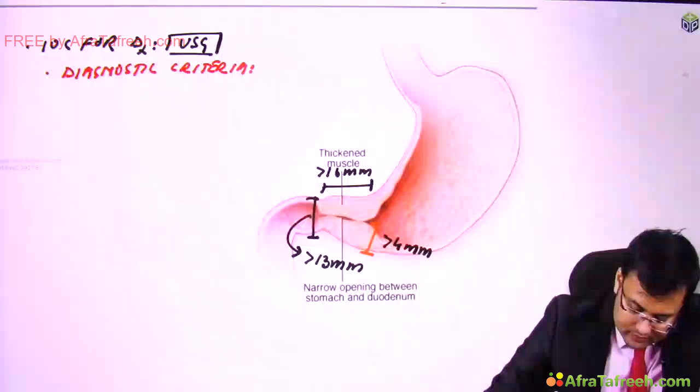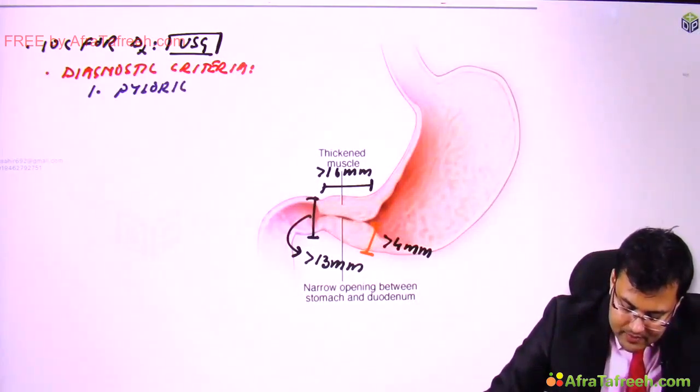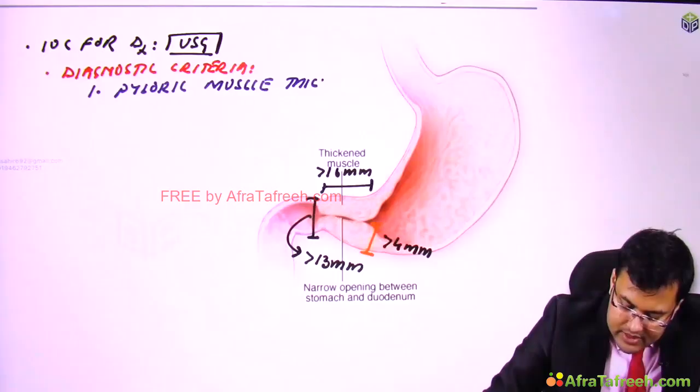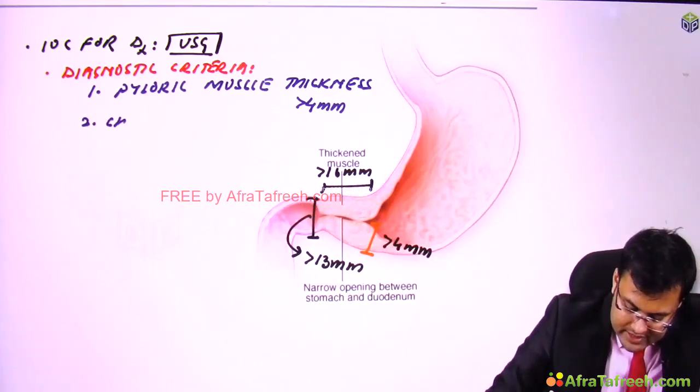So, what's the diagnostic criteria? First, pyloric muscle thickness, more than 4 mm. Second, channel length, more than 16 mm.